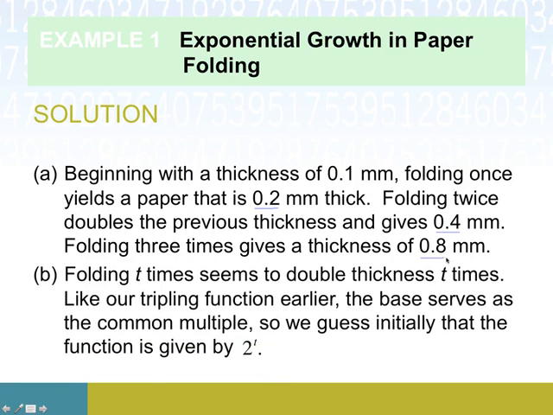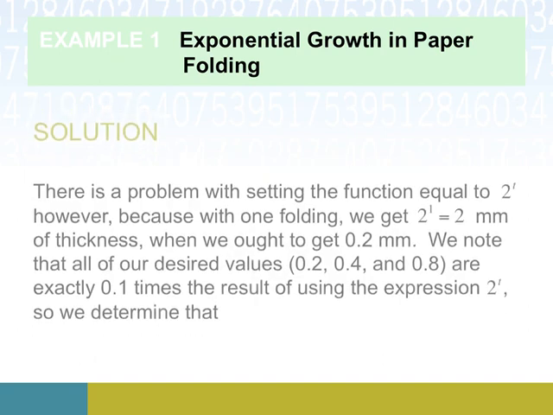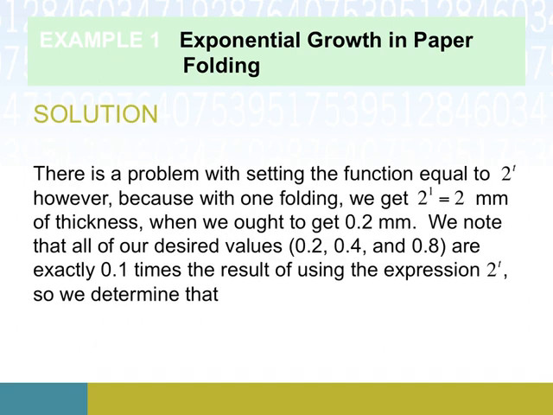Now, we're going to try to generalize this. What would happen if we did this t times? So we looked at a tripling function, 3 to the x, earlier on. But instead of tripling this time, what we really want is doubling. And that actually gives us the base for this function. The constant thing that we want to be multiplying by every time is 2. So initially, let's say, okay, maybe it looks like 2 to the t. But that's not quite right, because if we let t be 1, so 1 folding, we get 2 millimeters, but we really want 0.2 millimeters.